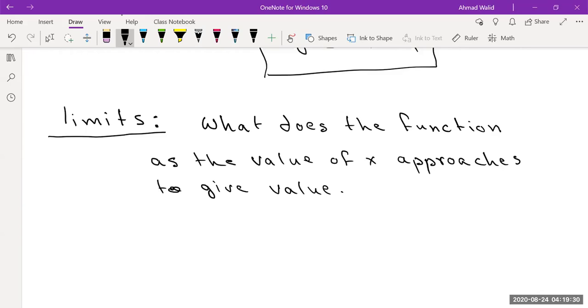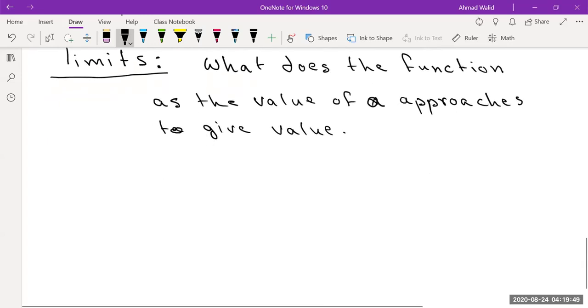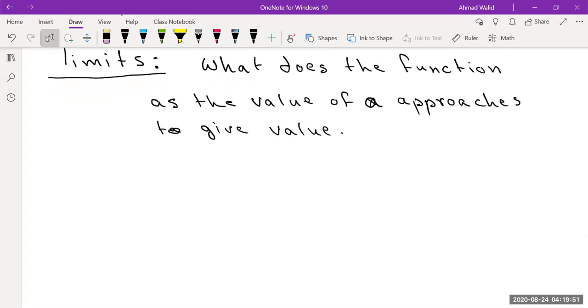What does the function do as the value of a, actually let's name it a, approaches to a given value? If we can answer this question, that's the idea of the limit, correct?